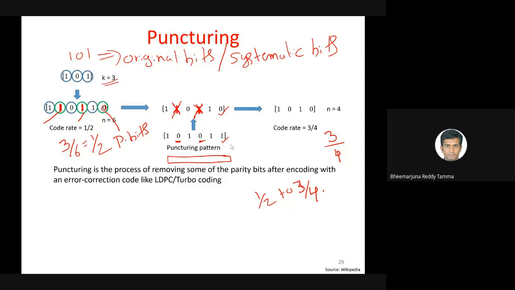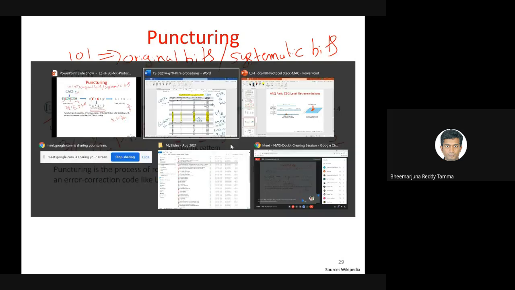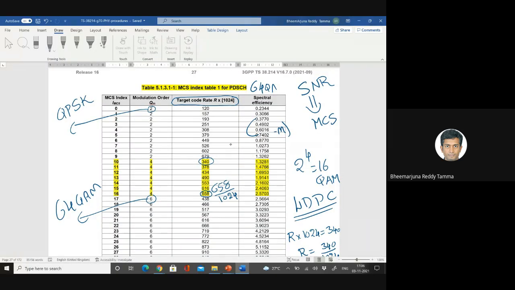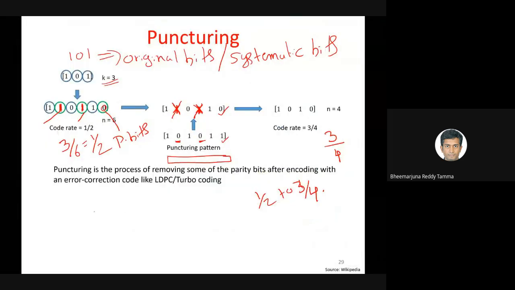Where I'm talking about adding some code bits, look at this example again, where you take 16 QAM and you decided to send with this particular coding rate.